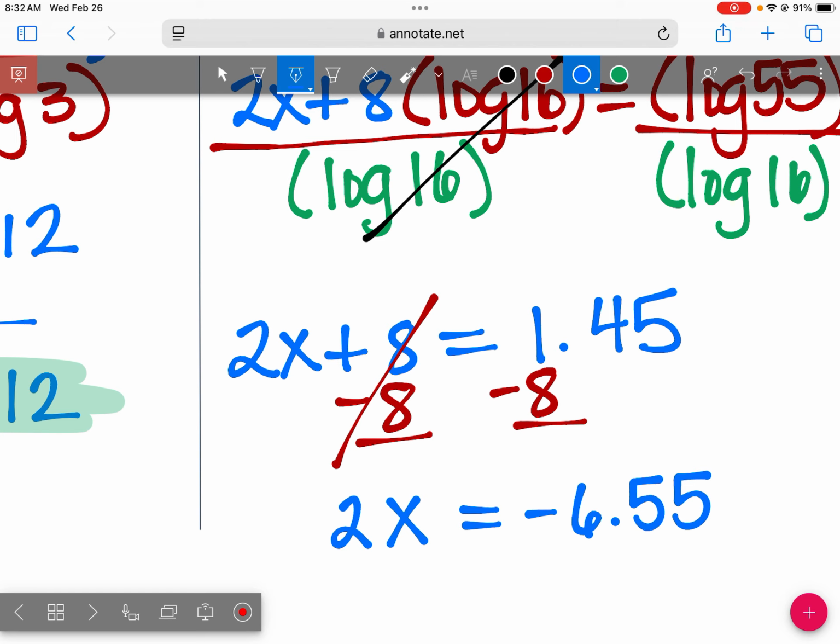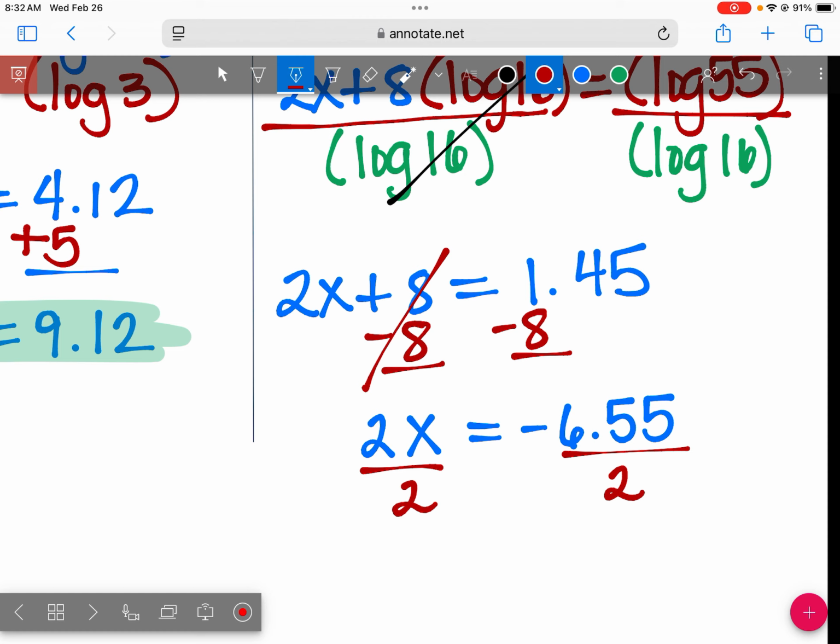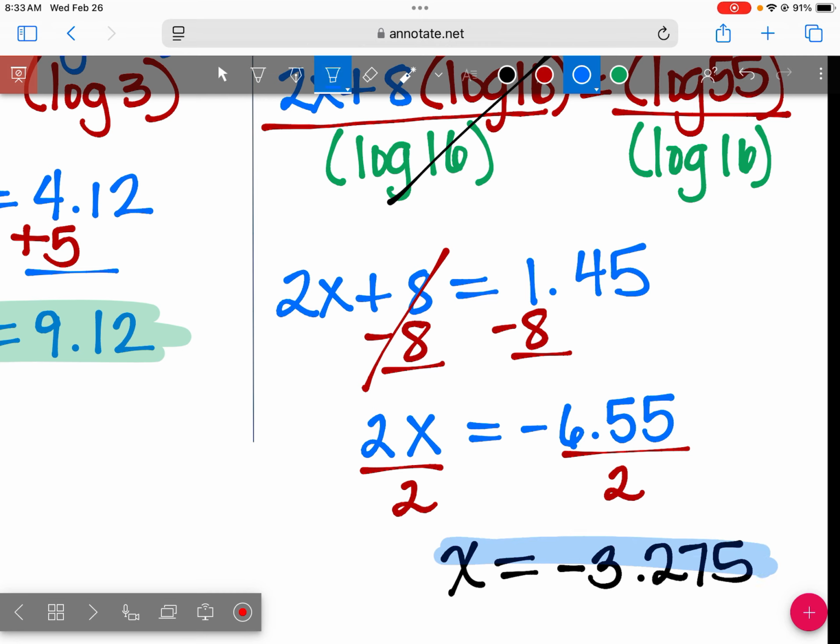What's my last step to get rid of that 2? Divide. Good. So when you divide by 2, your final answer is going to be approximately negative 3.275 or 28, somewhere close to there.